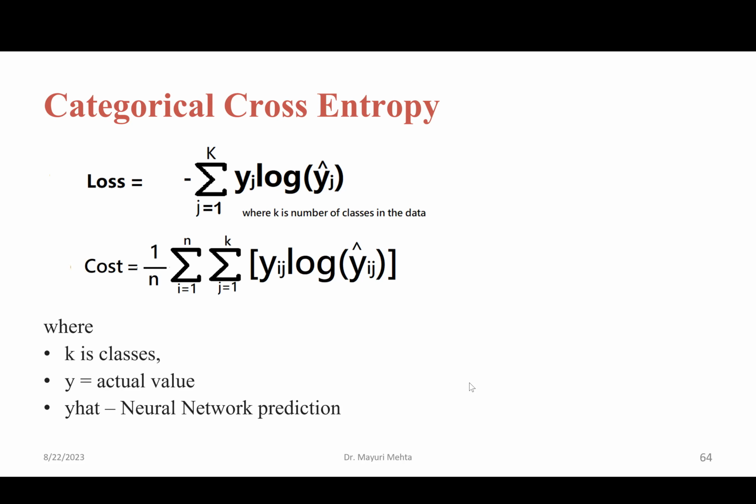Let me skip this discussion of when to use categorical versus sparse categorical cross entropy, because you will be able to understand this if you have studied data science. Otherwise, it won't be clear to you. But at least I can tell you which is faster. Sparse categorical cross entropy is faster than categorical cross entropy. Faster here means it helps the model converge faster.